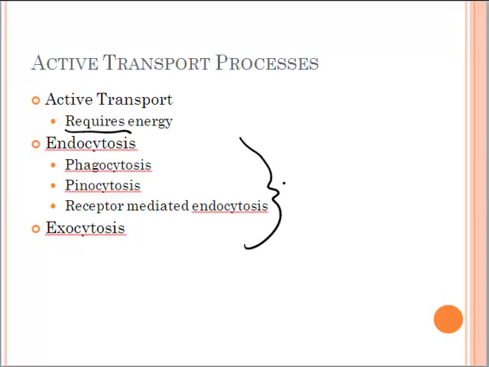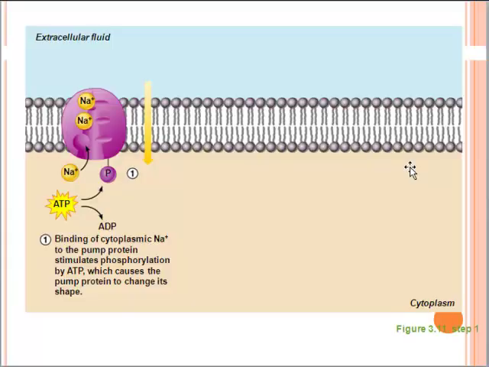These are types of vesicular transport, meaning that there are vesicles that are being used, but they are also a type of active transport. So in active transport, the reason energy is required is because in active transport, you are going against the concentration gradient.